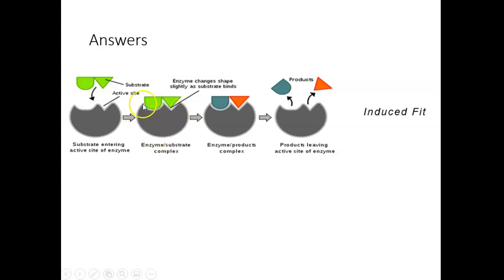And here you have the enzyme combined with the substrate, so that's the enzyme substrate complex. And that continues for both of these. Here you can see that the reaction is taking place. And finally, we have the products leaving the enzyme. So this model is called the induced fit model. The induced fit model.